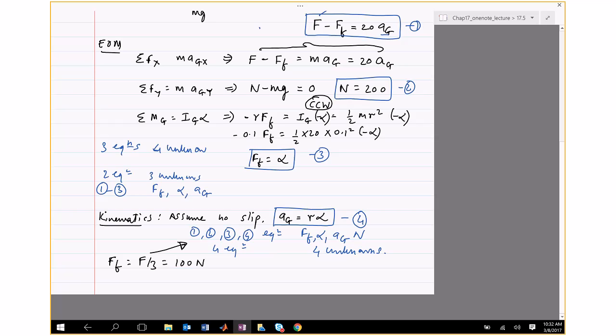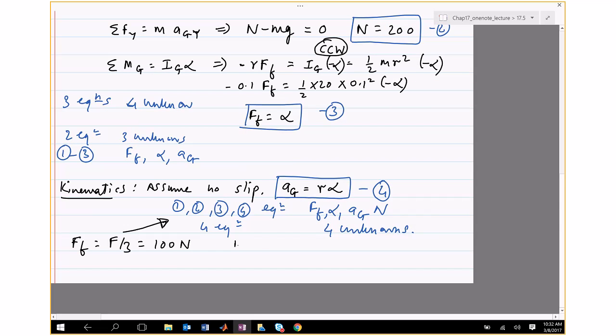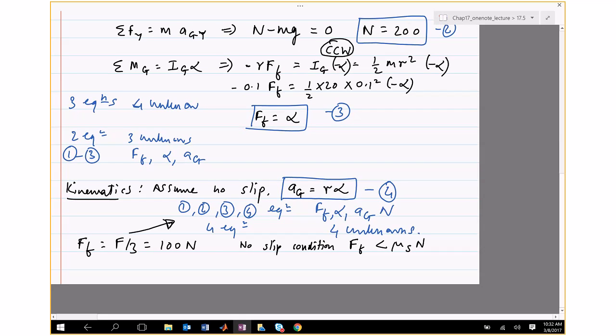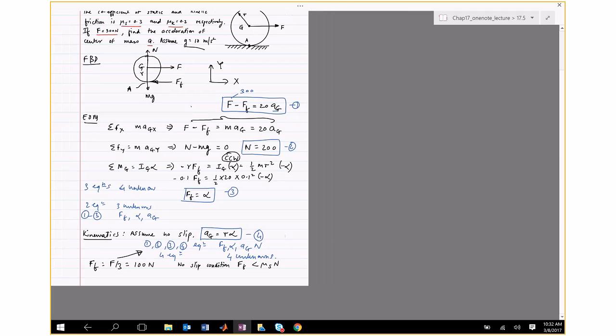The condition for no slipping is that f should be less than mu s times n. What's mu s? Mu s is 0.3.